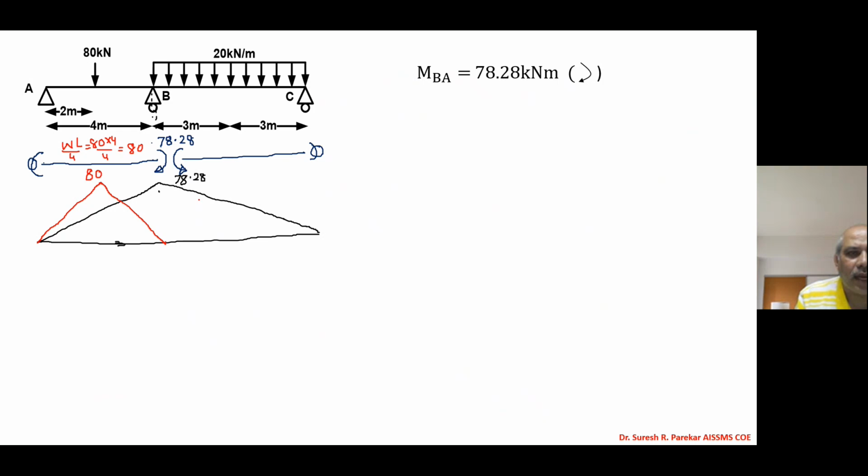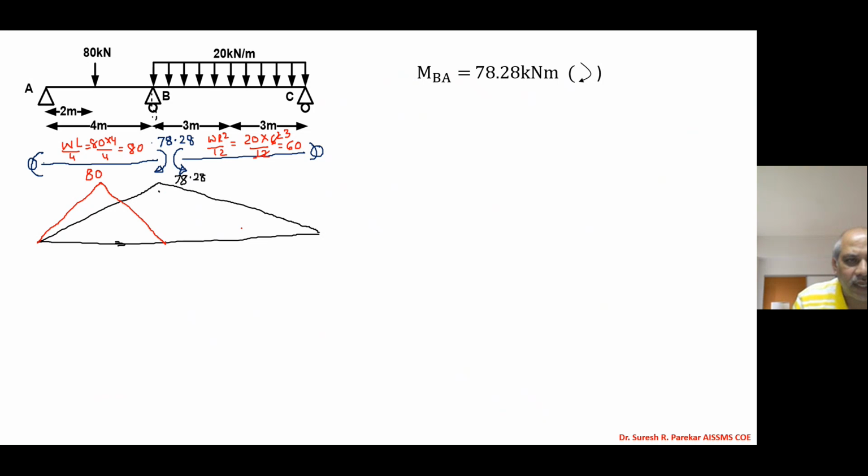Now for this we have WL square by 12. W we have 20, L we have 6, square by 12. So 12 we have 36, 3, and then 23 is 60. So WL square by 12 comes to 60.